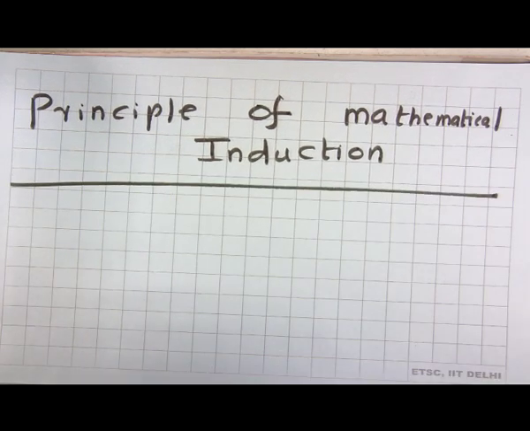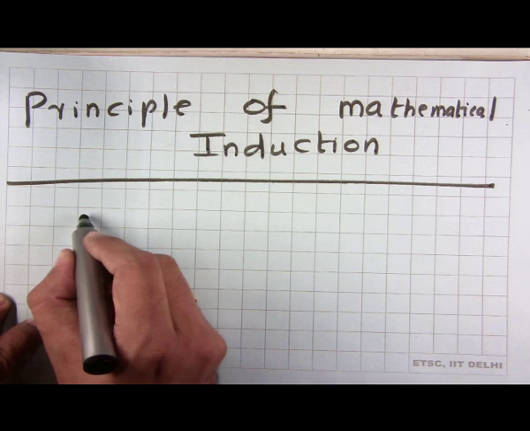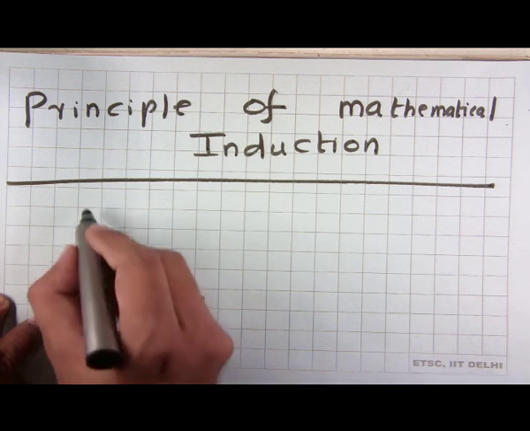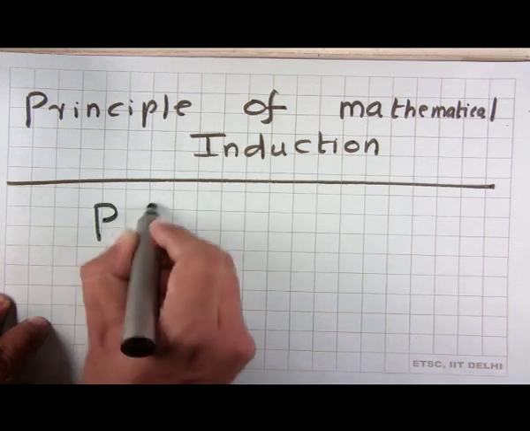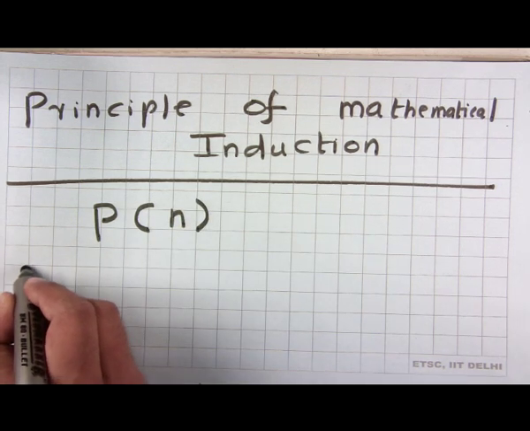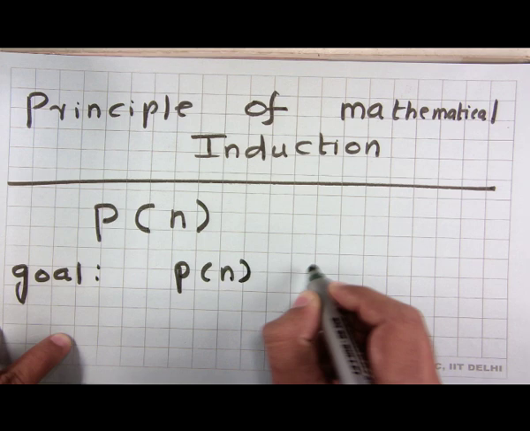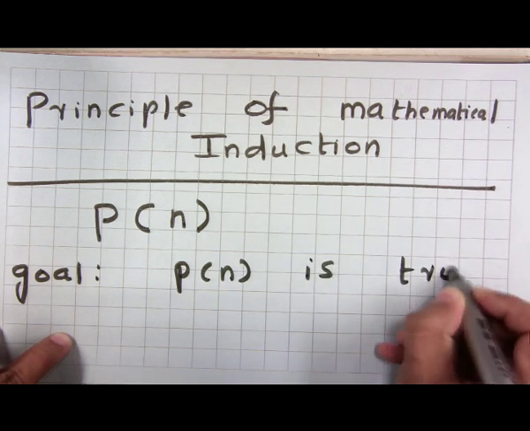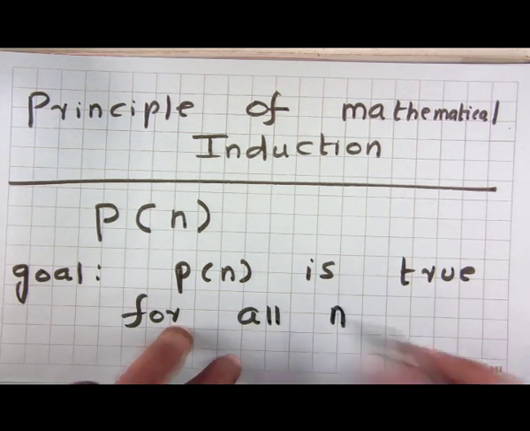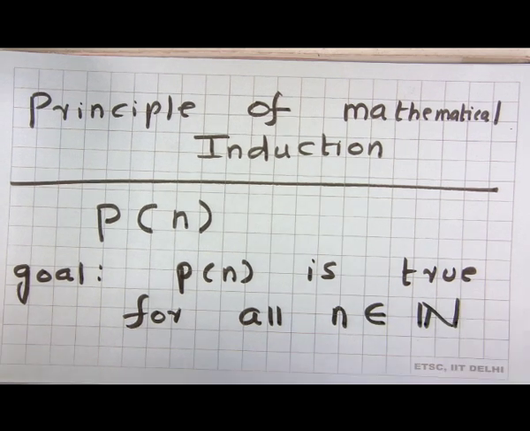We are supplied with a statement or an assertion involving n, where n is a natural number. Let me denote that statement as P of n. And the goal is to prove that P of n is true for all n belonging to the set of natural numbers.